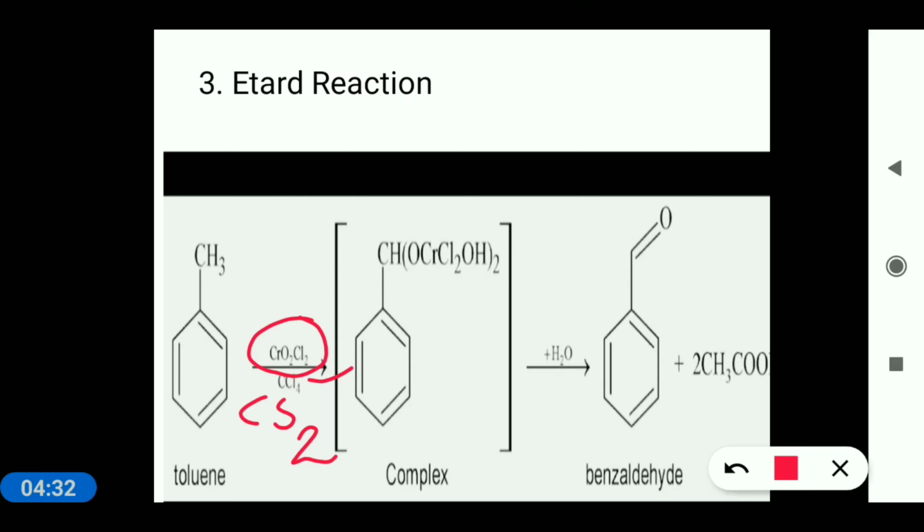The brown chromium complex, thus precipitated, is separated and decomposed with dilute acid to give benzaldehyde. In the same way, metaxylene on treatment with chromyl chloride followed by hydrolysis gives a good yield of meta-methyl benzaldehyde or meta-tolualdehyde, and the reaction is known as the Etard reaction.